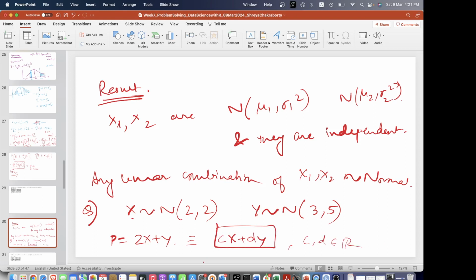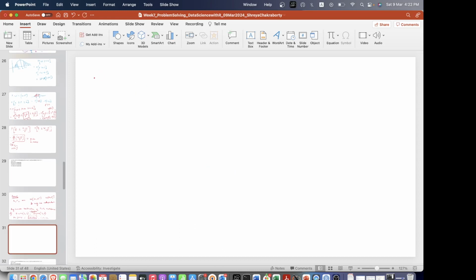So if I have something like this, then this cx plus dy is actually a linear combination of x and y. So any linear combination of two random normal variables, even if they are dependent, is always normal. And here I am saying they are independent, then we can easily write the parameters as this.